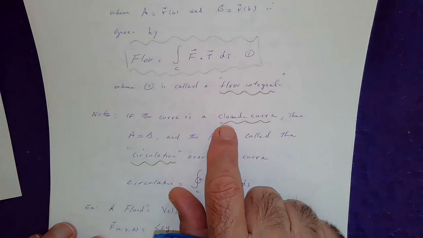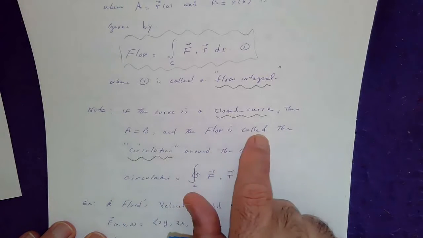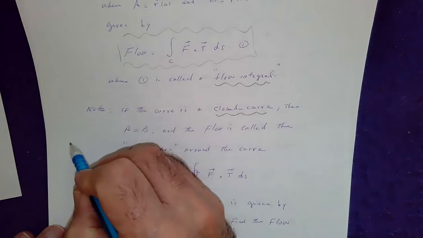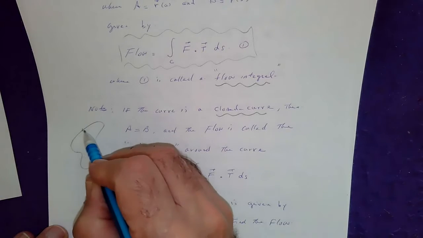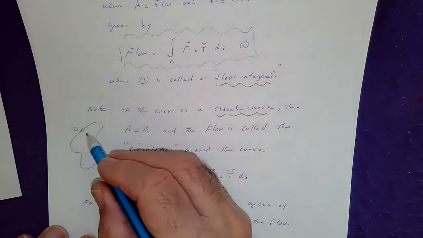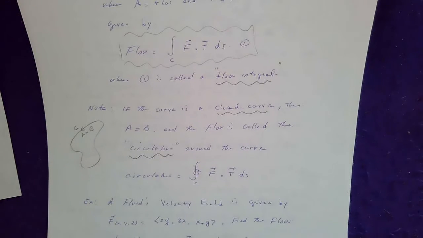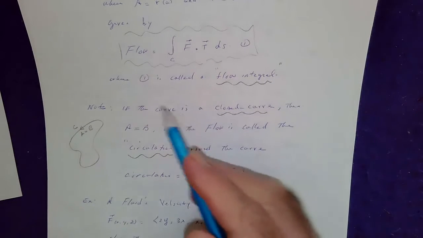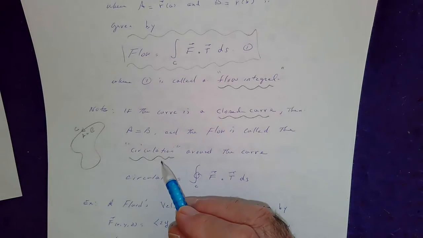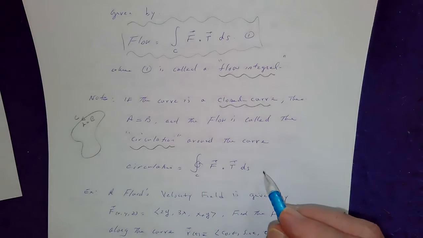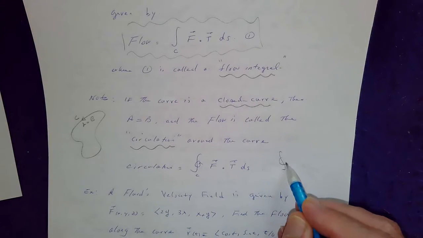If the curve is closed, then the initial and the terminal point coincide, and the flow will be called circulation around the curve C. In other words, if the initial point coincides with the terminal point of the curve, then the flow integral will be called circulation, and that's what the notation on the integral sign is.